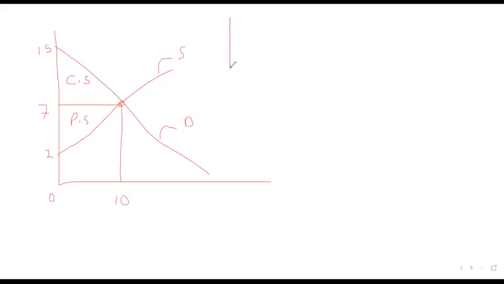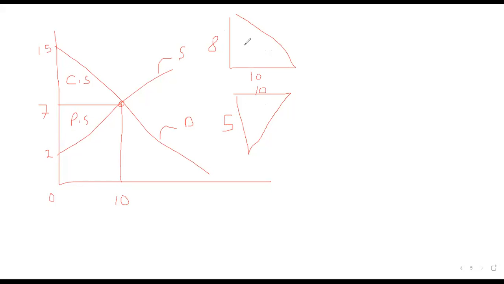The consumer surplus, the triangle looks like this one here. The producer surplus, the triangle looks like this one here. The base from here to here is 10. The height from here to here is what? 8. Then the height from here to here is what? 5.